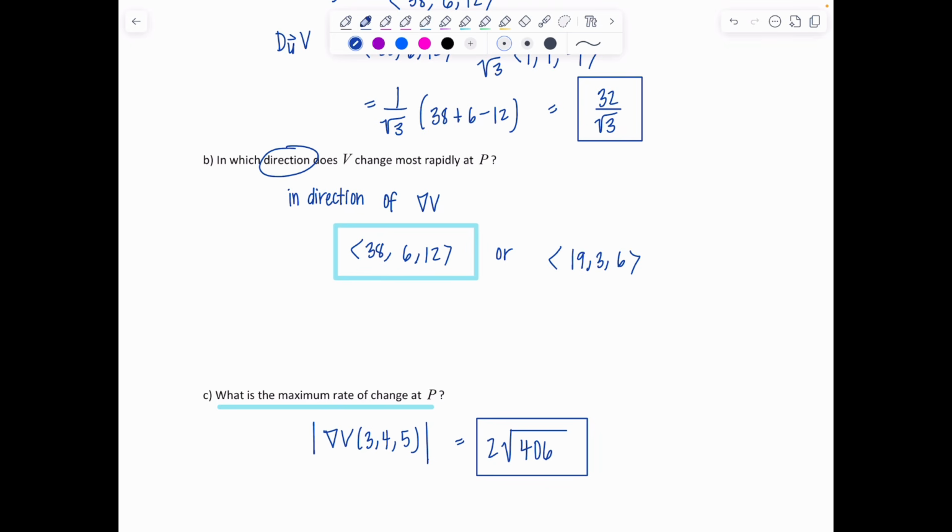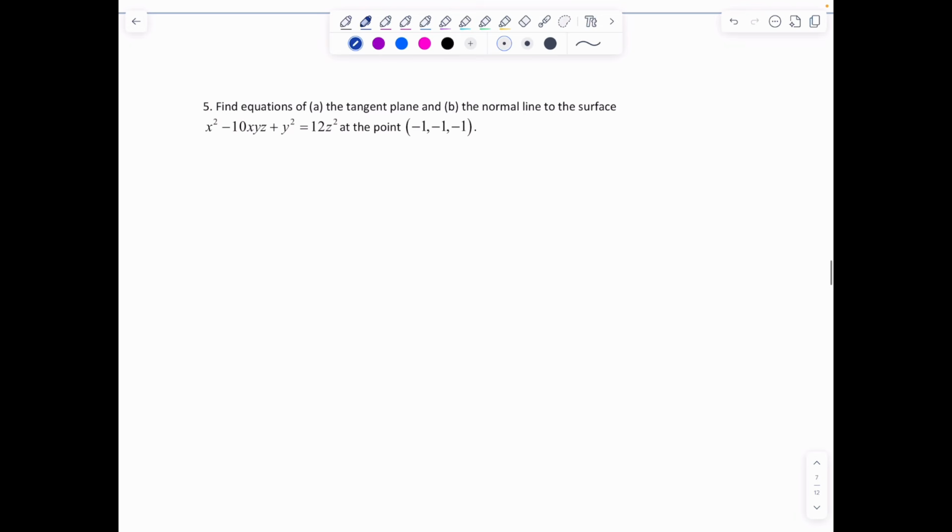Okay, moving on. Find equations of the tangent plane and the normal line to the surface at the given point. So all of this hinges on, that's right, the gradient. The gradient gives us the normal vector that we use to write the equation of the tangent plane, as well as the direction vector for the normal line.